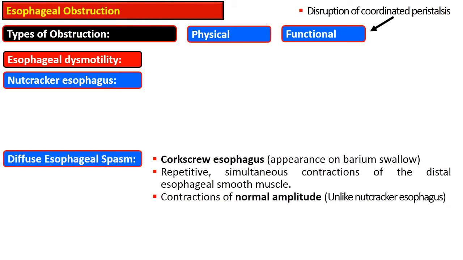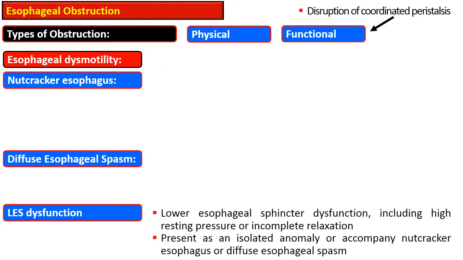Then diffuse esophageal spasm is also known as corkscrew esophagus on the barium swallow. It is due to repetitive simultaneous contraction of the distal esophageal smooth muscle, and the contractions in these are of normal amplitude, unlike the nutcracker esophagus.